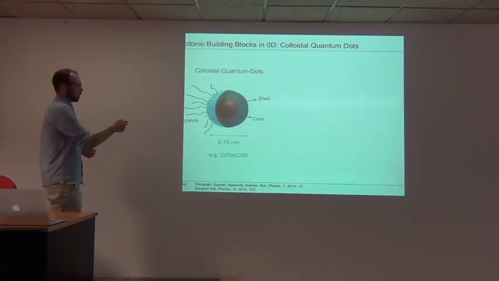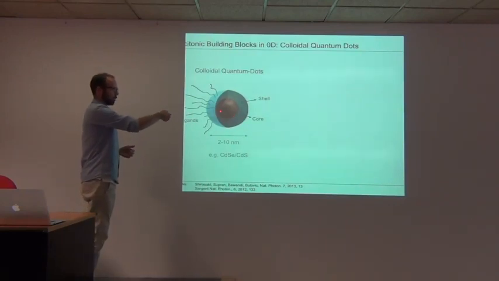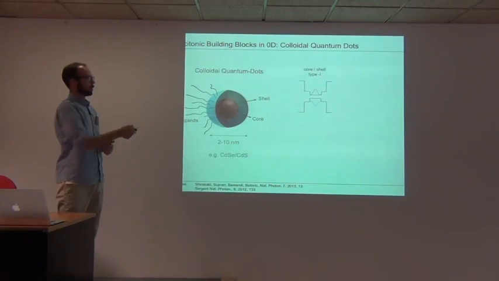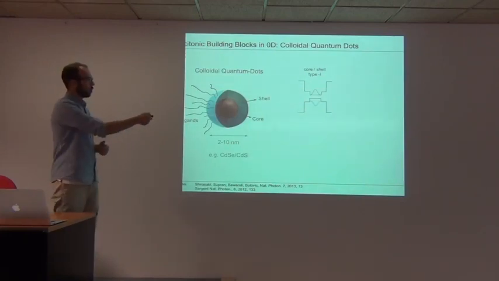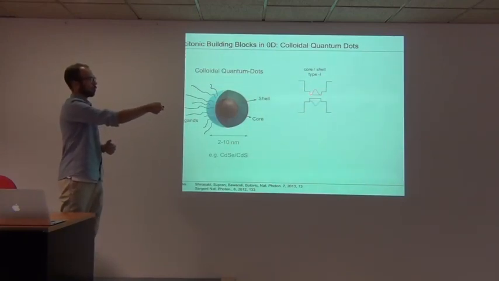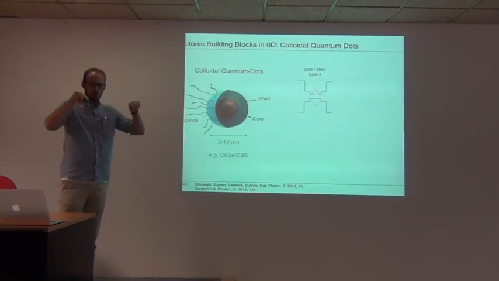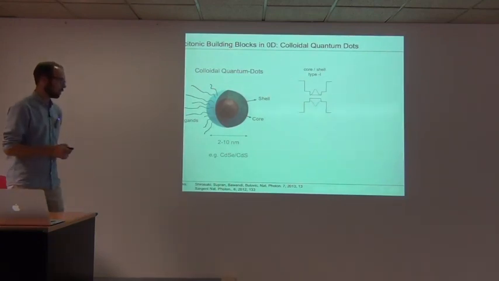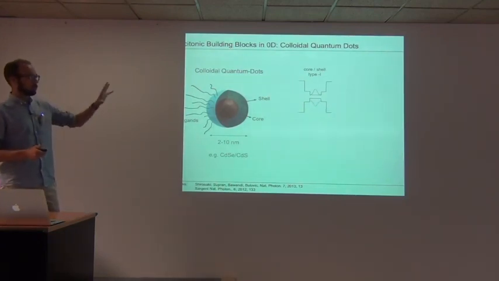This is basically to protect the exciton that is residing in the core. So what this looks like is your typical core-shell type 1 band alignment, where your exciton, so your electron and your hole wave function, is in the core, and this steep shell band edge is giving you control over the confinement. This is your typical system, but you can play with this.